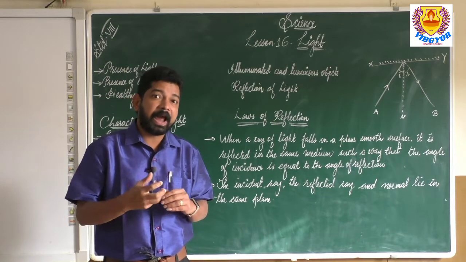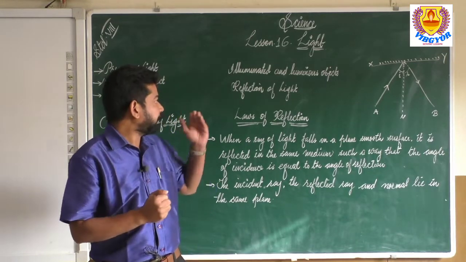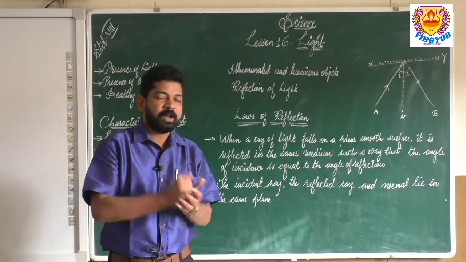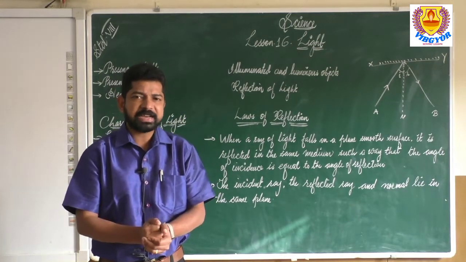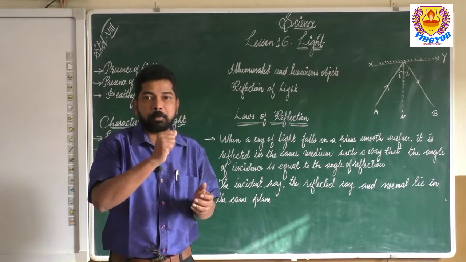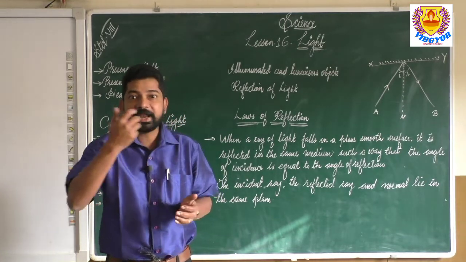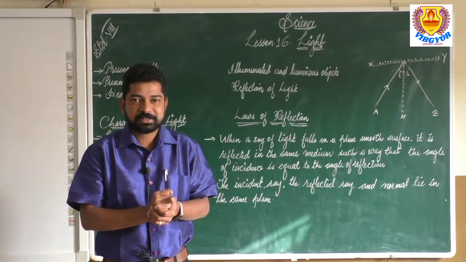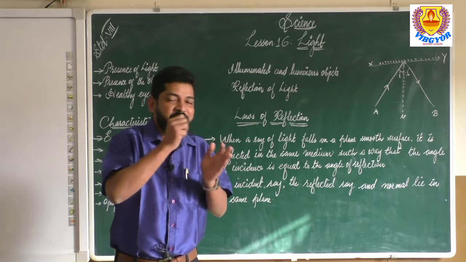Now let us learn another part of our lesson, that is reflection of light. What is reflection of light? I have told you that when light falls on an opaque object, the light reflects. So what is meant by that reflection?